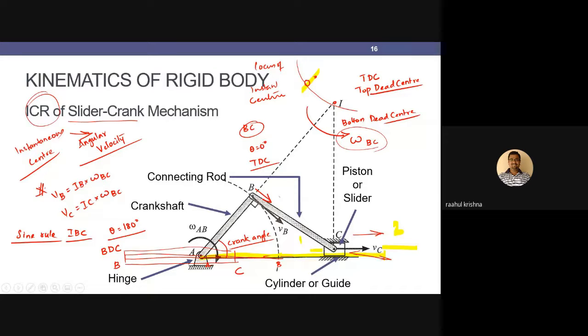Anybody other than Harsh, can you give me the equation for the sine rule? Okay, what is sine rule telling me? Do not give the expression. What is meant by sine rule then?